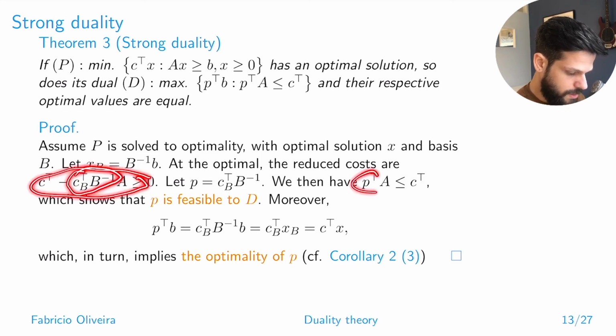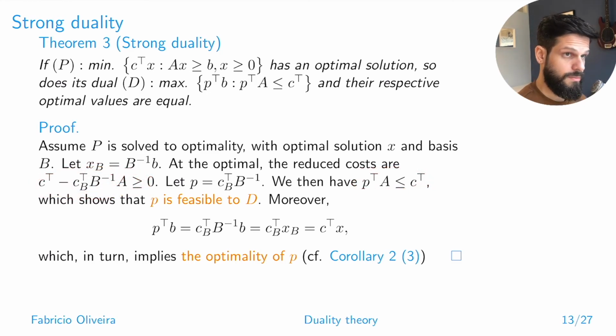And then it's simply calling this B and looking again at this inequality that you get, this condition, which is the dual feasibility condition, by the way. Here it is. So that means that p is actually feasible to the dual problem. It turns out that you can find your p such that it's satisfied. Now, moreover, we know that this is the case, replacing p again from what we just defined.